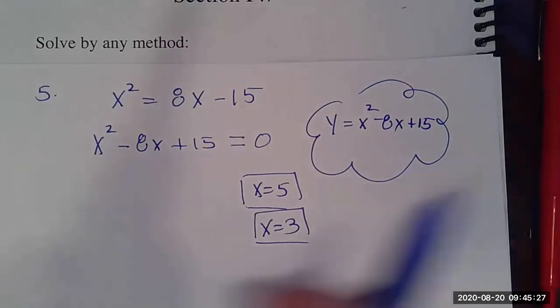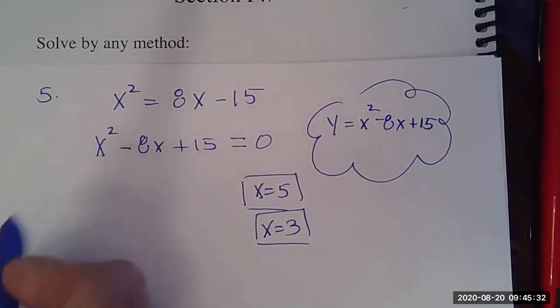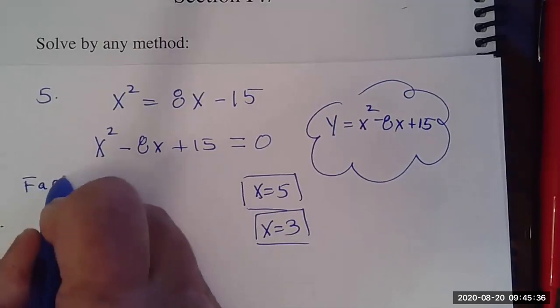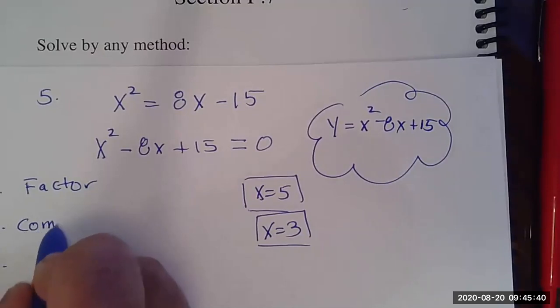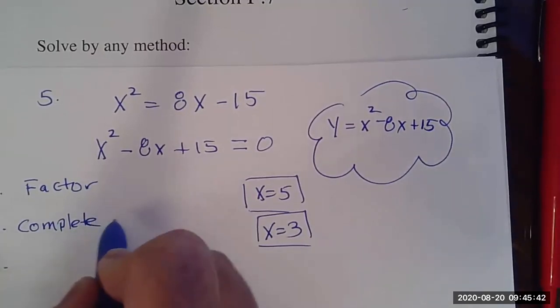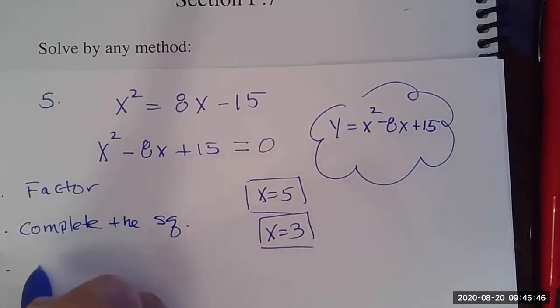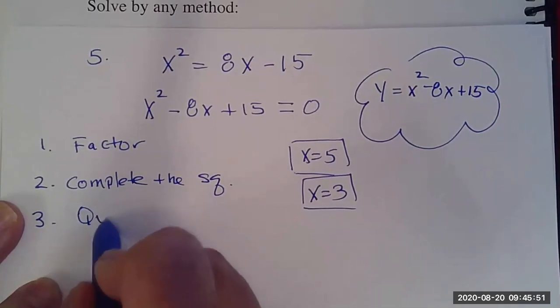So I'm going to write some of these algebra methods down. I can think of three of them. Factor is one, if you can, in fact, factor. Complete the square is another one. And there is one more, which is called the quadratic formula.